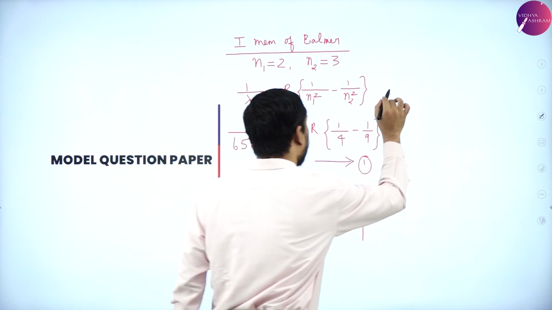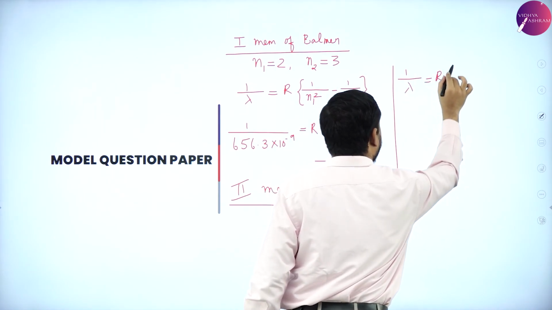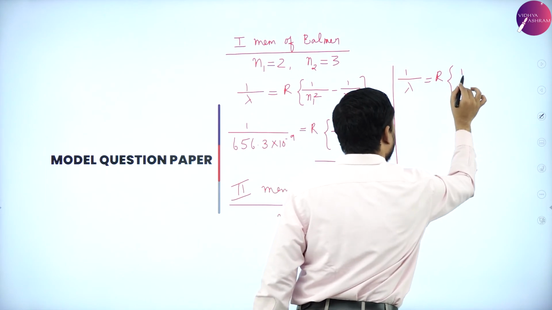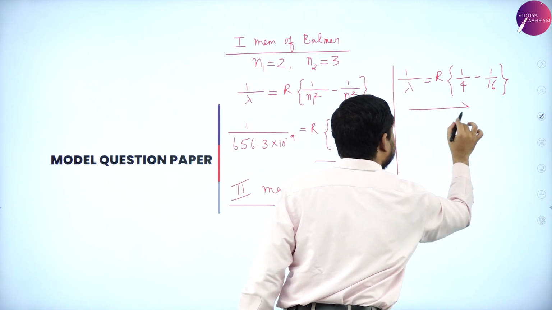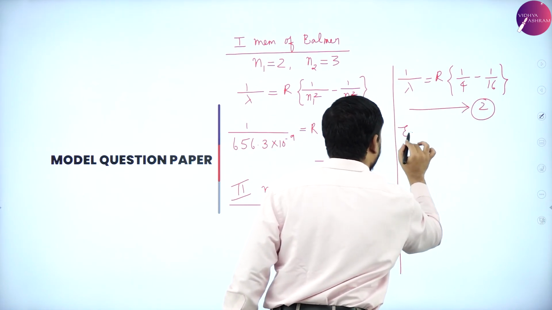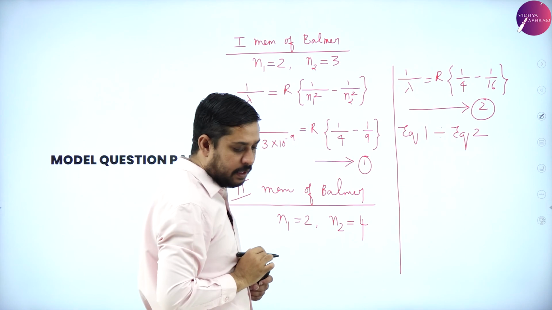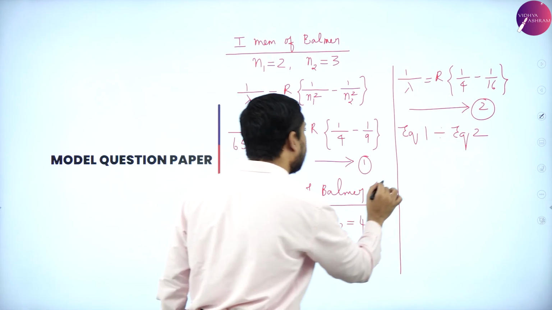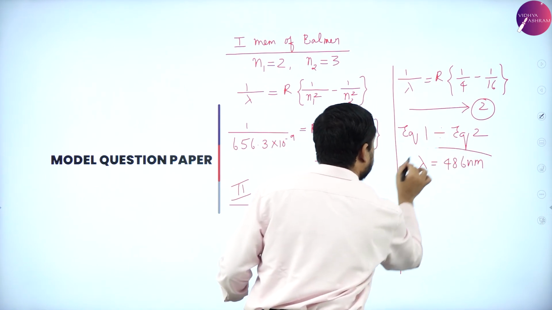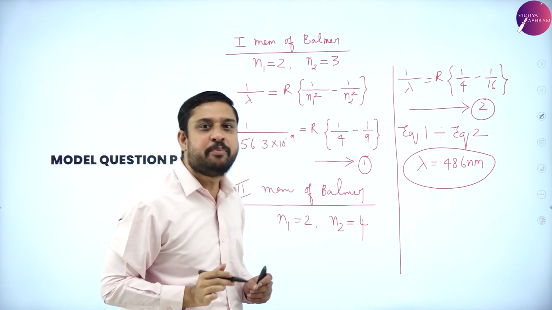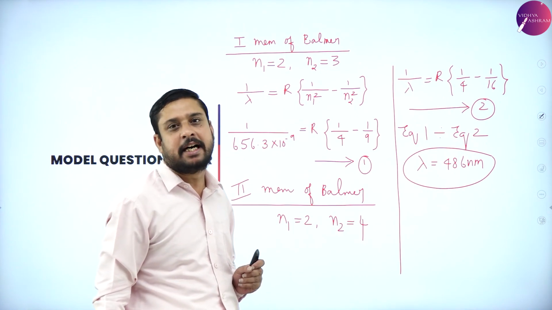The same way now, 1 by lambda is R, 1 by 2 square minus 1 by 4 square, 1 by 16, I call this equation 2. So equation 1 divided by equation 2. So lambda is 486 nanometer. So the wavelength of the second member of Balmer series is 486 nanometer.